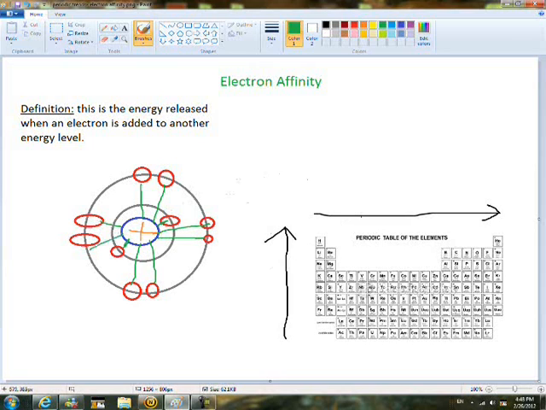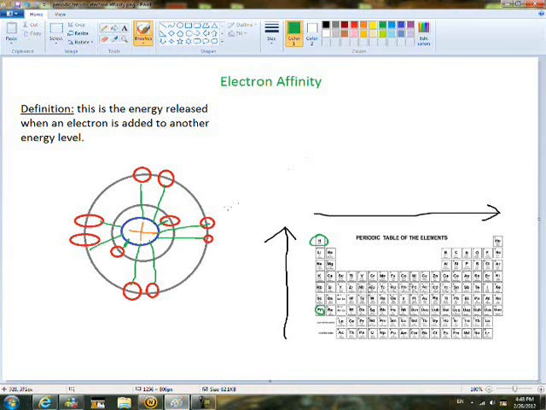So that would explain why it goes up like that, like how I drew before. Okay, let's get rid of that. And so something like helium would have a higher electron affinity because there's less shells and it's closer to the nucleus than francium.